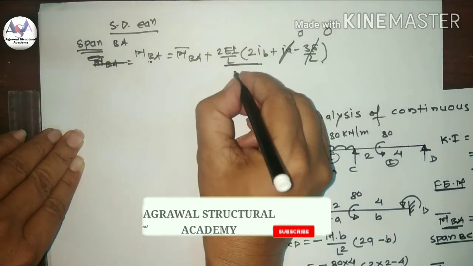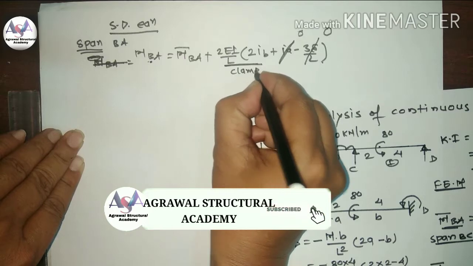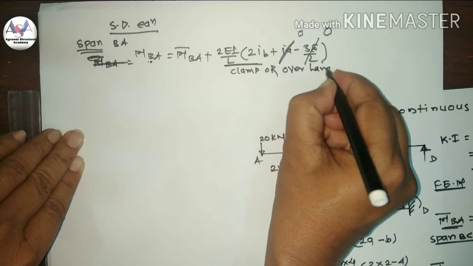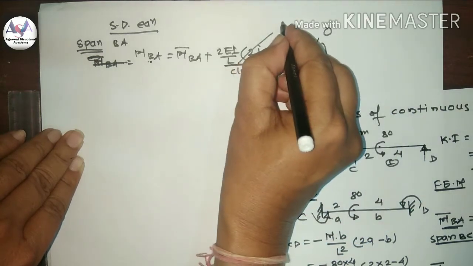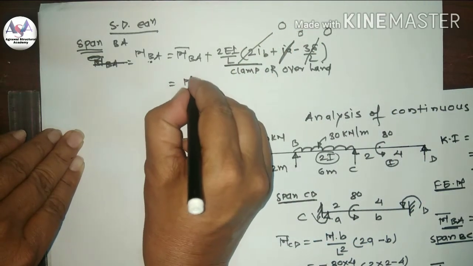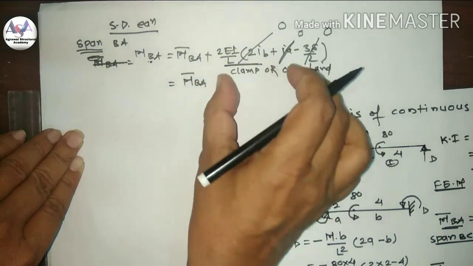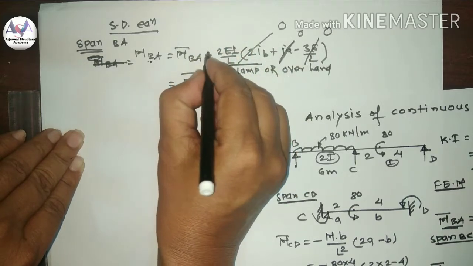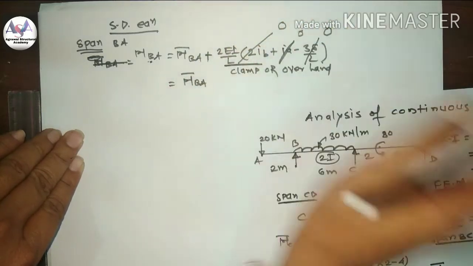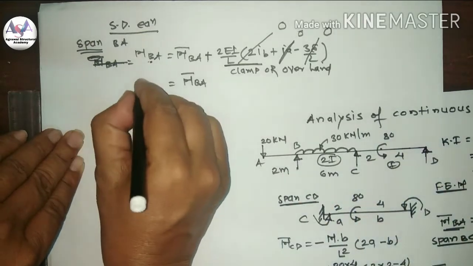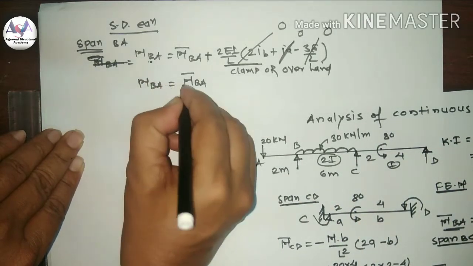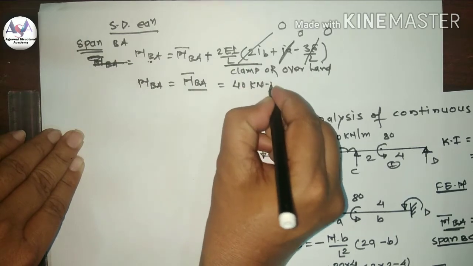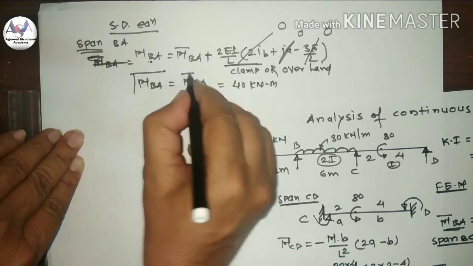Initially we are considering this a clamp, or we can say that for the overhang this total part is 0, so only M bar BA remains. So always in the case of the overhang, the rest of the part after M bar BA is always 0. So directly MBA is equal to M bar BA, and that is 40 kilonewton meter. So we got the value of MBA directly.